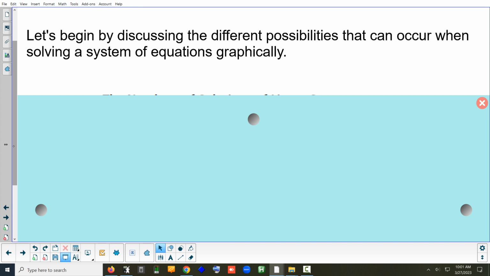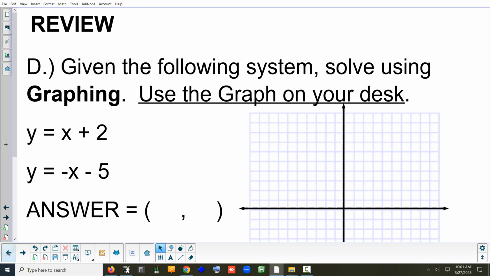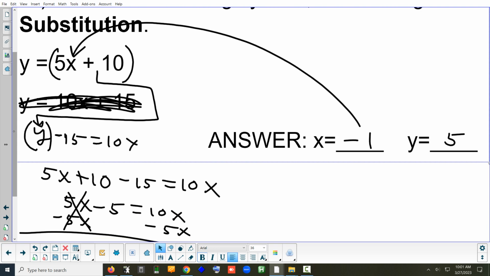Let's think about what can happen graphically, because I think if you think about it visually, that's the easiest way to think about what we've been doing. When we solved this problem, how many answers did we get for x, and how many different numbers did we get for y?